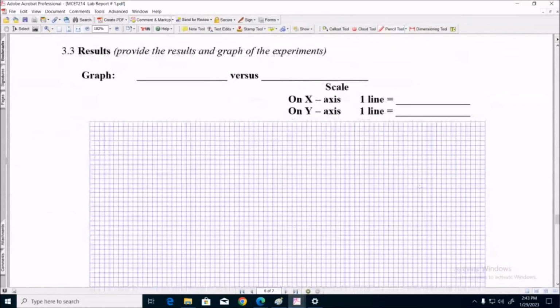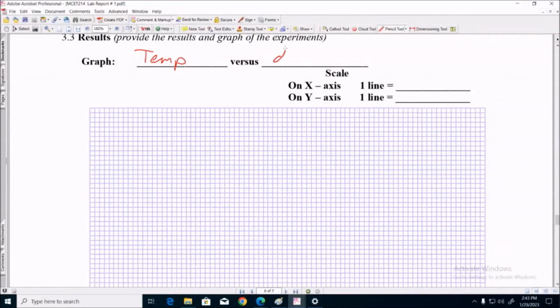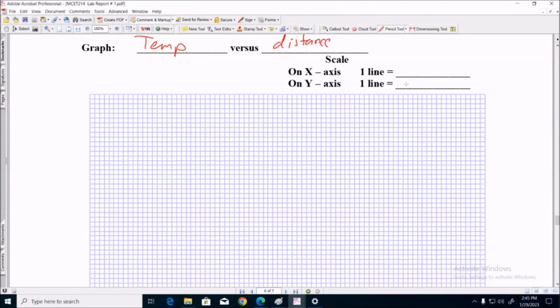Now we'll go to the graph, temperature distribution versus distance. You can use this graph as it is, or you can take the ready-made graph that I will show you. You can make 10 lines equal to 5 degrees centigrade or 10 degrees centigrade, and here one line is 0.01 meter.